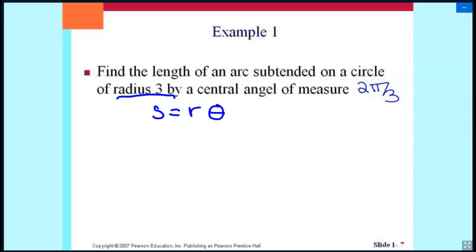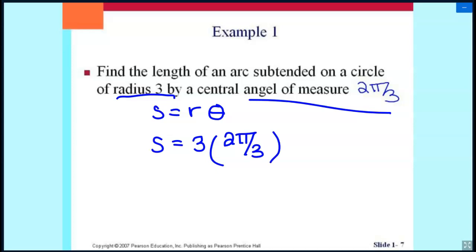Our R value is 3, and our angle is 2 pi thirds. So we get S equals 3 times 2 pi thirds, or the arc length is 2 pi.